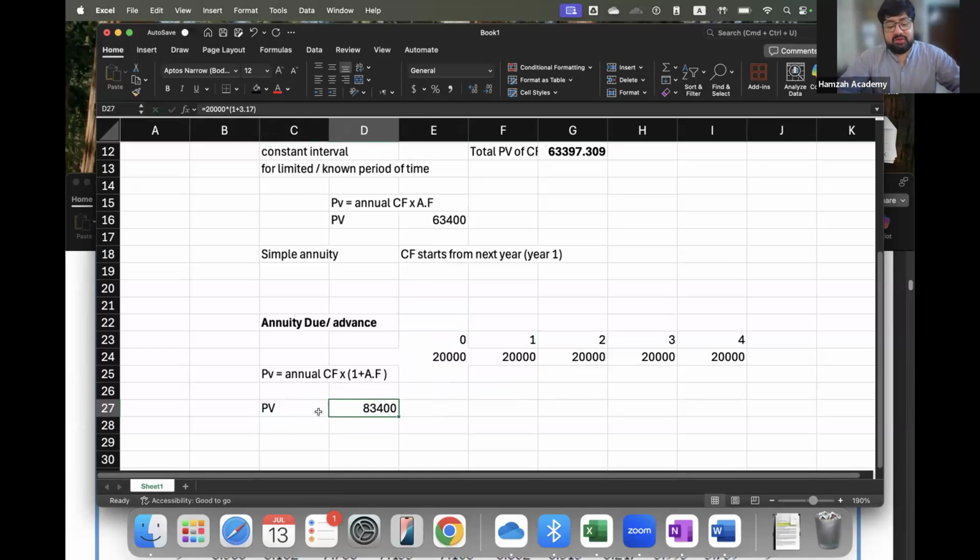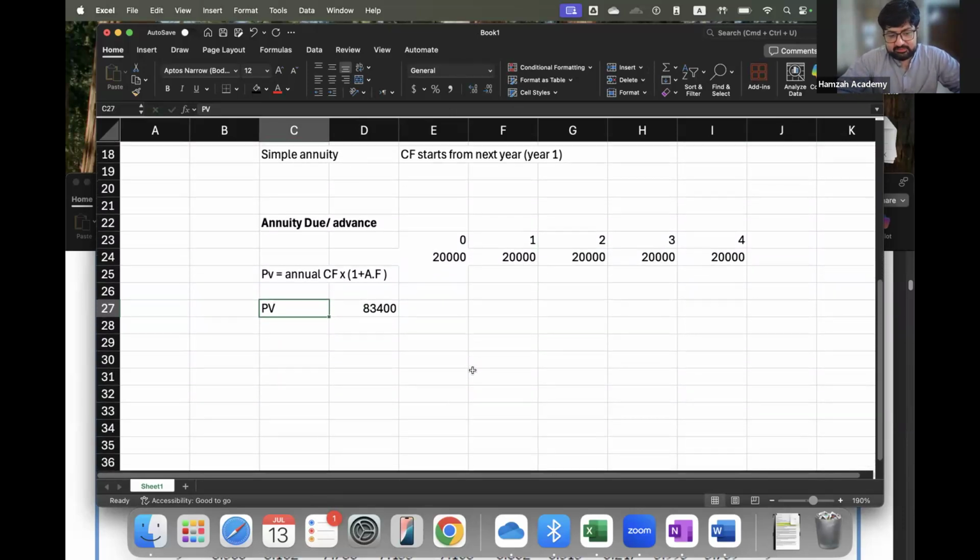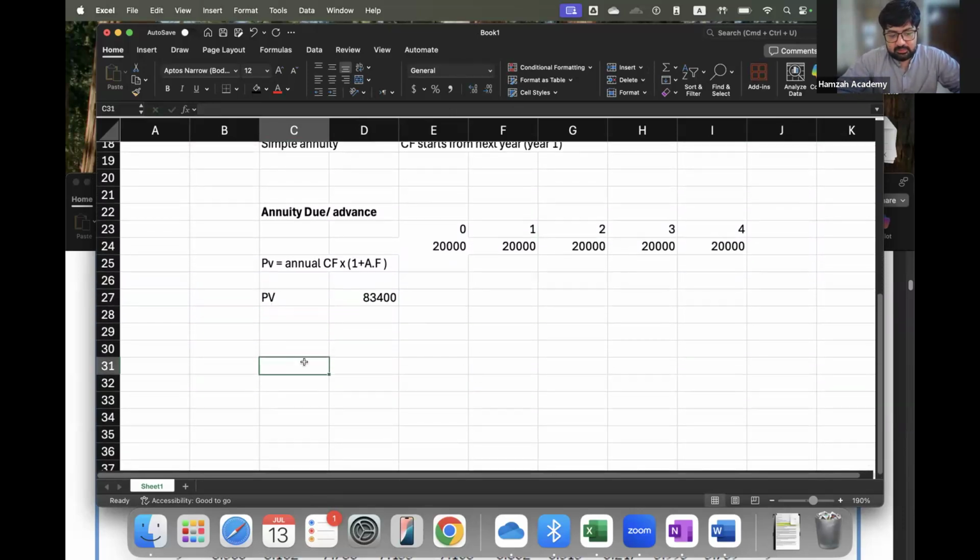So this is the present value of cash flows of annuity due, annuity in advance.